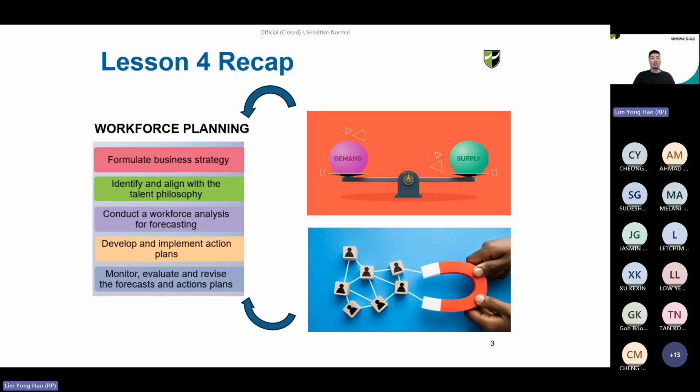We also talked a bit about the recent news. We see quite a bit of news about manpower, about what companies or organizations do in terms of how they manage the need for manpower.